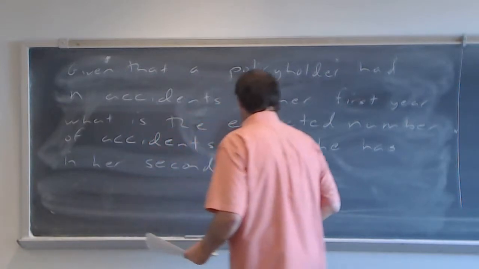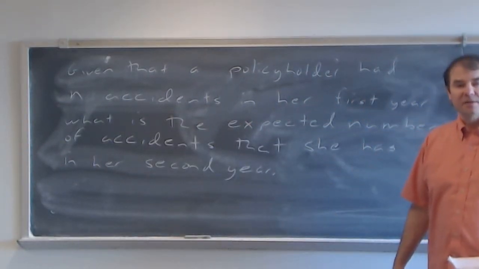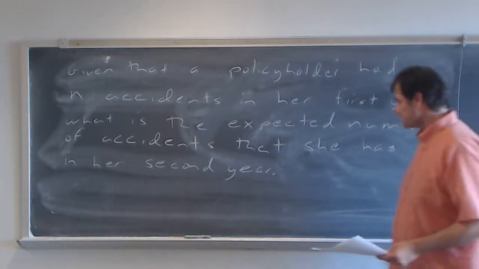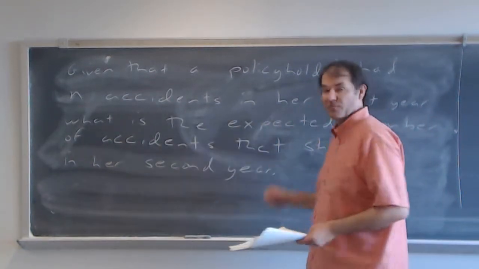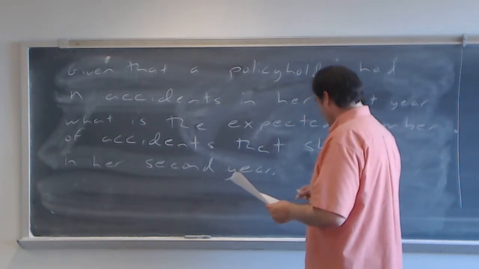That's where we're going to use one of those formulas for the conditional expectation that I wrote on the board earlier. It's going to be the one for discrete random variables.